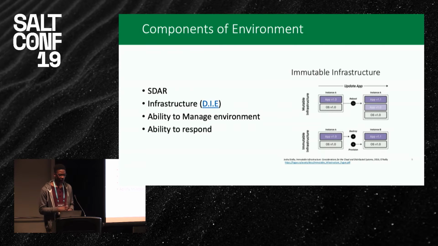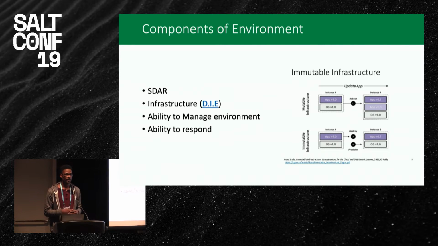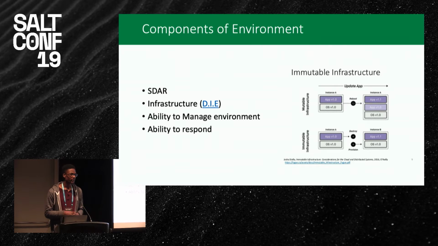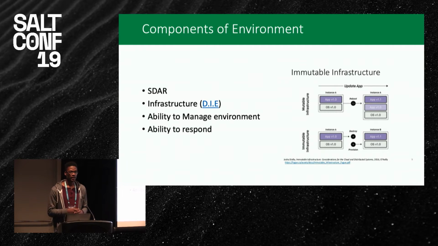Some of the components of the environment are the SDR, which is sensors, detectors, arbitrators, and responders. Then there's the infrastructure methodology, DIE. This is a new thing that's been pushed pretty recently within the information security realm, within IT, and it's argued whether it's actually beneficial or not. The D is for distributed, I is for immutable, E is for ephemeral.